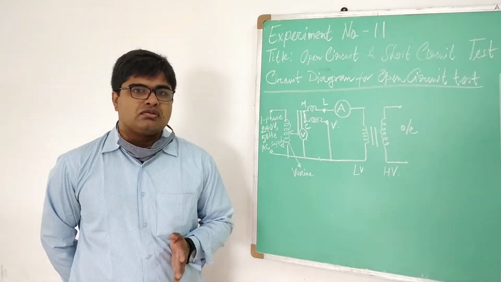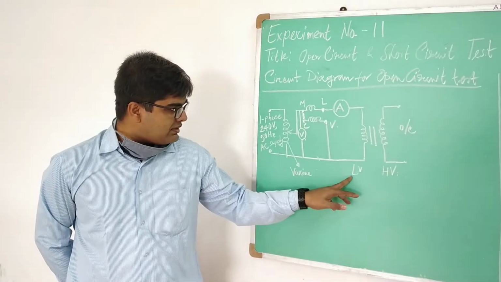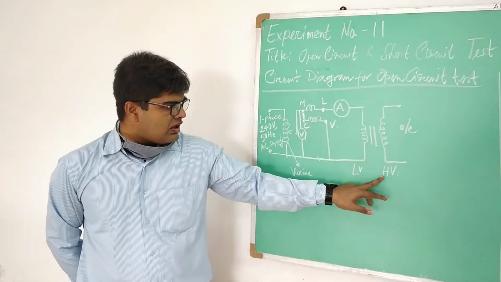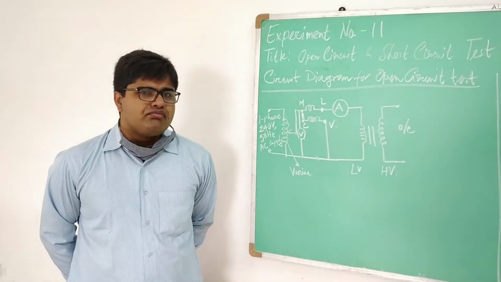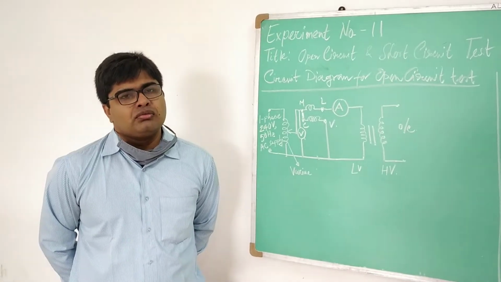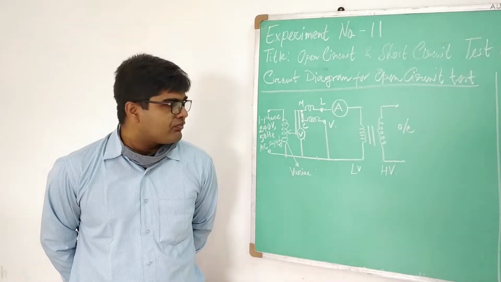So it has primarily two sides. One is called the LV side, LV for low voltage side, and another one is called the high voltage side. The purpose of this test is to determine the various parameters of single phase transformers.